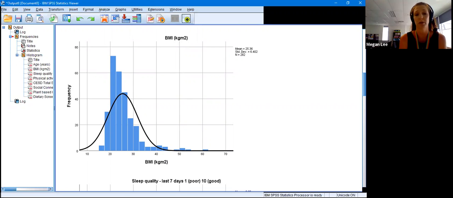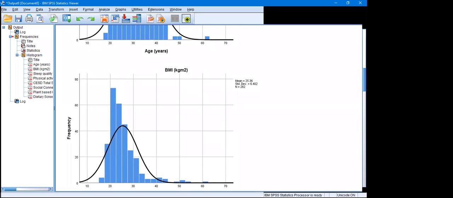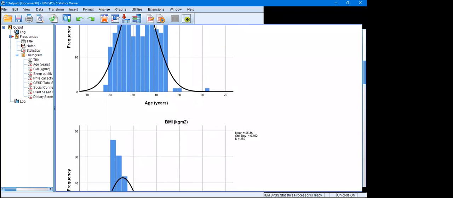That's good because most of the people are falling into that kind of average healthy range, which is normal for BMI. It's usually positively skewed. We always see it looking like this because most people are in that healthier average and tapering up to some people with higher BMIs.